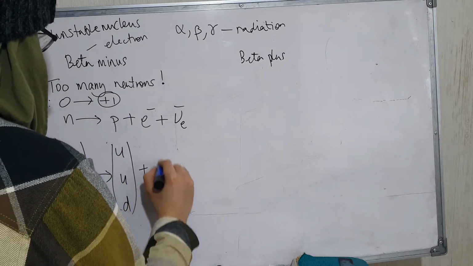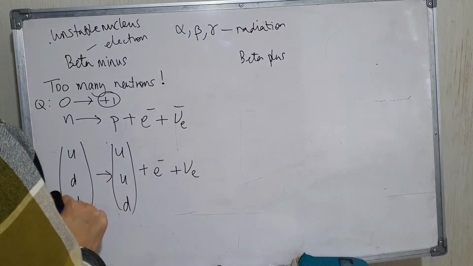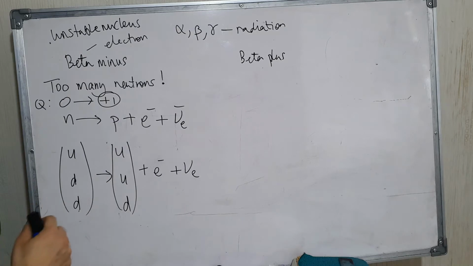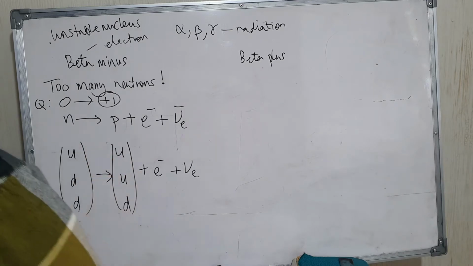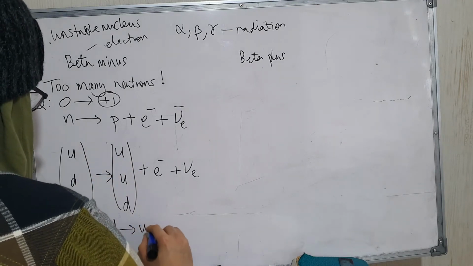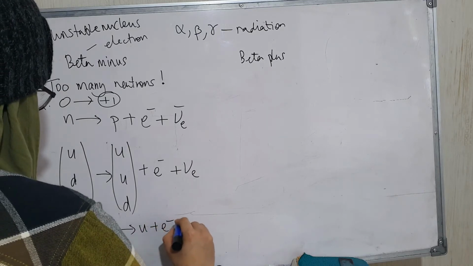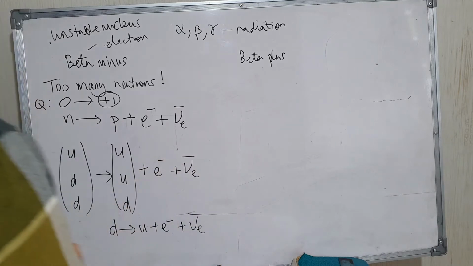And these remain the same because these are fundamental. What is changed then? Can you see that this middle one, the down, has become an up? So if you ignore these, you can write down that the down quark has become an up quark plus an electron plus the antineutrino.